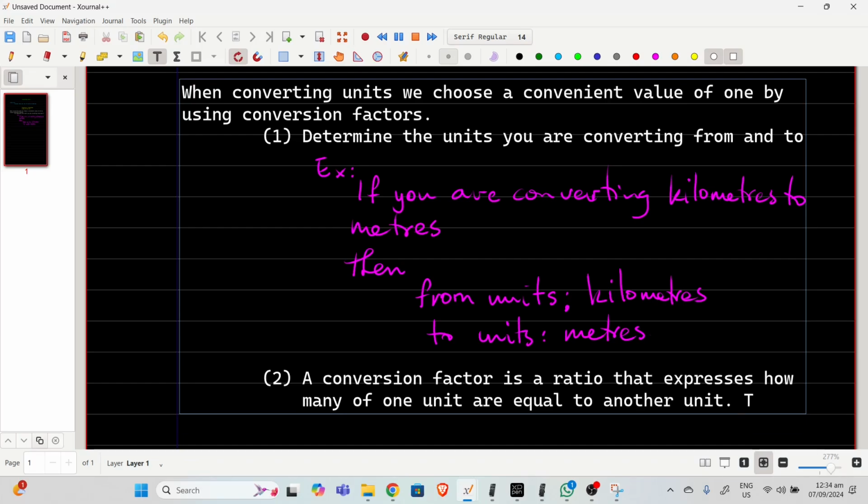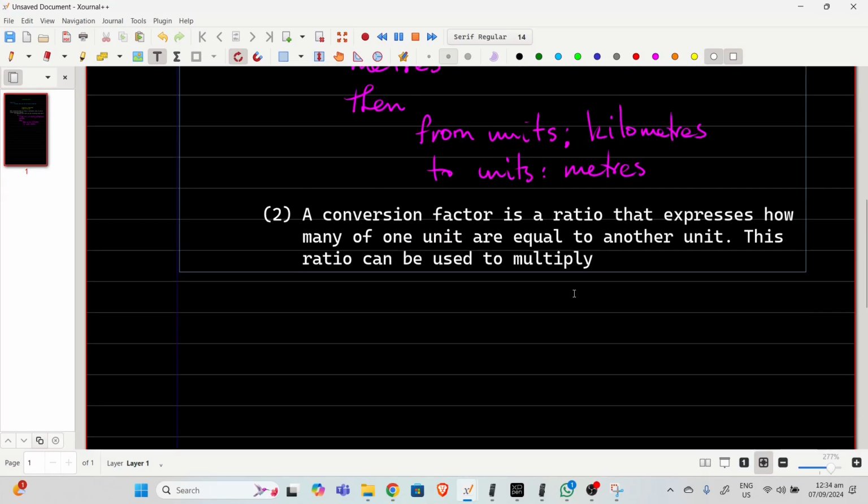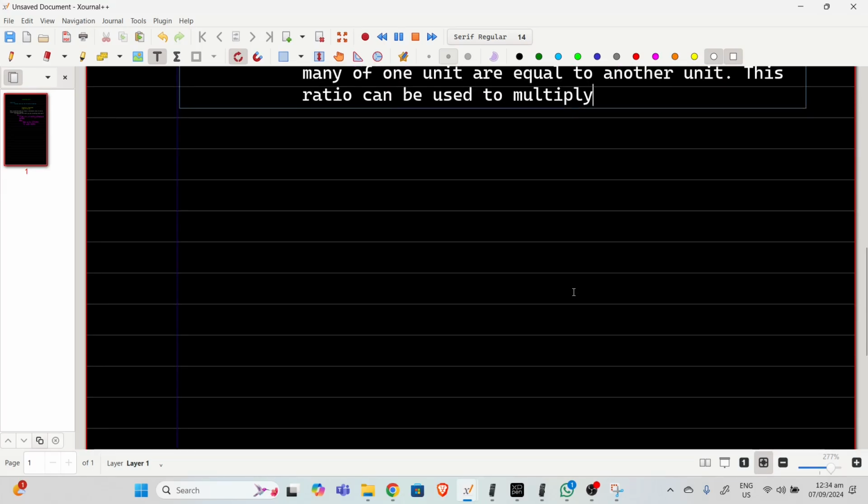This ratio can be used to multiply and convert the units.